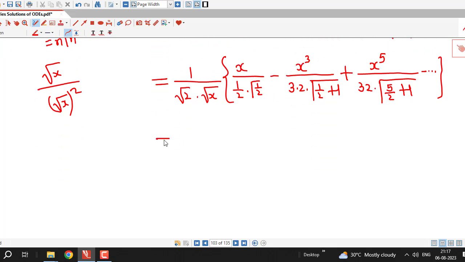Let's further simplify this. This I can rewrite as square root of 2 into x. Here I have gamma 1 by 2 divided by 1 by 2.